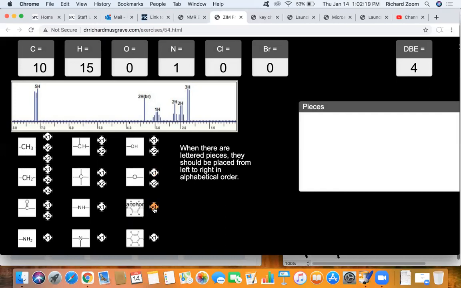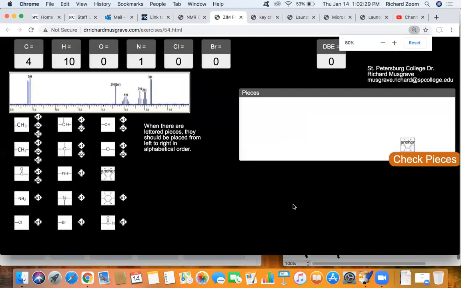So I click on this piece and it should appear over here at some point. Let me make this take up less of the screen. There we go. But look what happened. When I selected that piece, it actually counted down and took that piece out of the molecular formula. So it took C6H5 out.